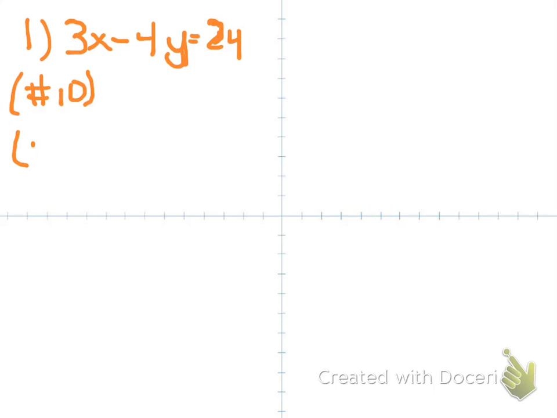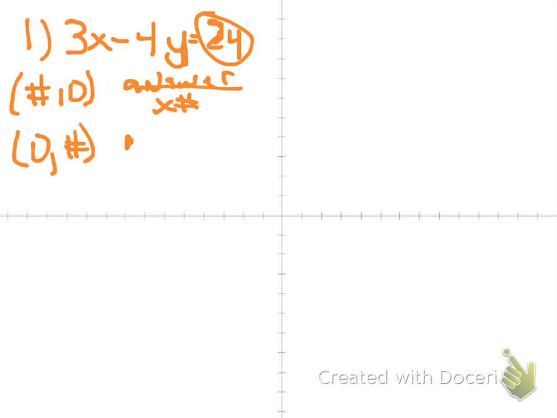The y-intercept is 0, comma, some number. We get that by taking the number after the equal sign and dividing by the x number, and then dividing by the y number.